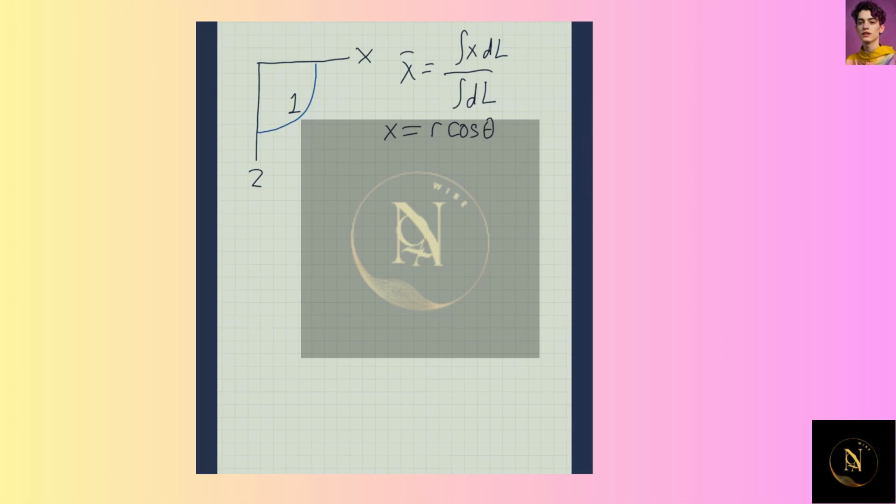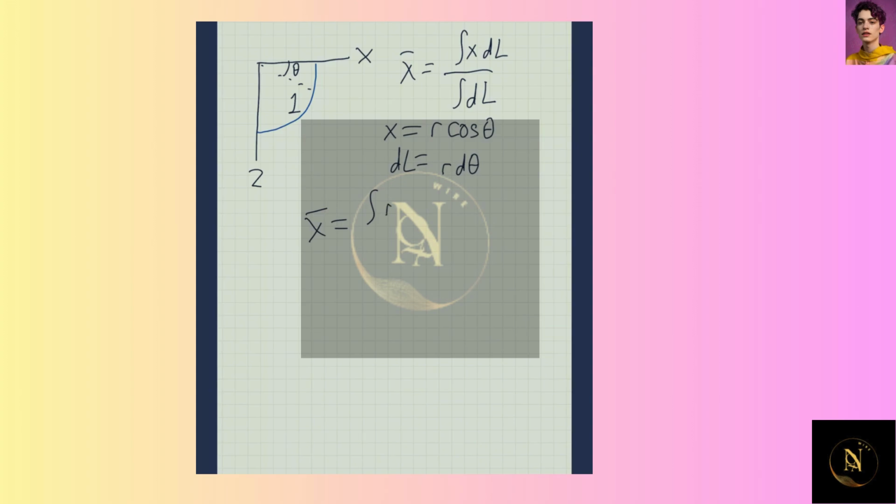We know that x is going to be equal to the radius times the cosine theta to any point on the wire. And the change in length is going to be equal to the radius times the change in angle, which is the formula for arc length.